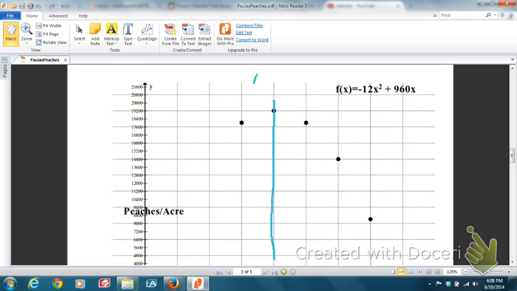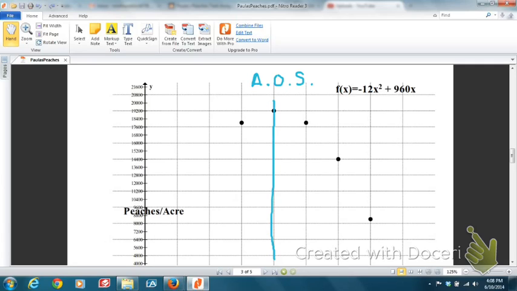I'm just going to put AOS for axis of symmetry. So whatever points are on the right side of your parabola will also have a reflective point on the left side.